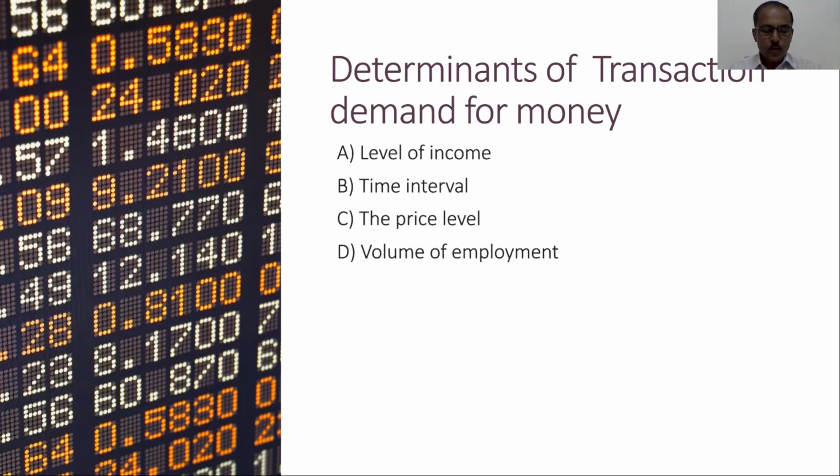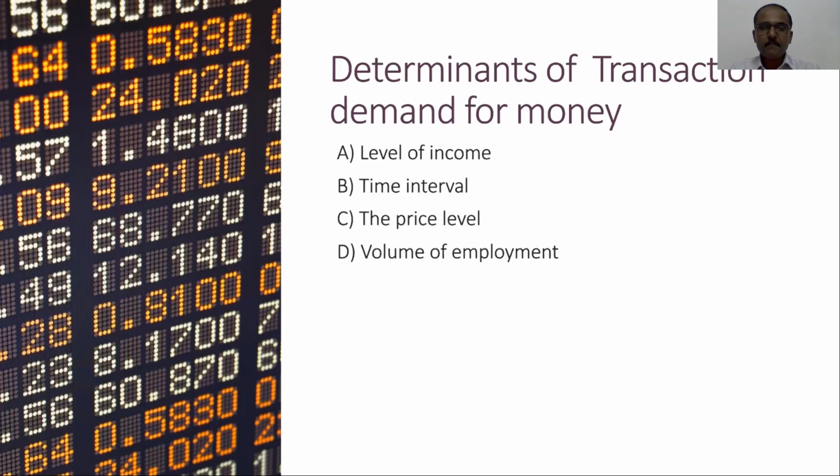Therefore, friends, when the level of employment in the economy is high, more jobs are created, more hands are employed, and therefore more output is created, more production is undertaken, more income will be generated, and there will be more demand for transaction money. So there are four important determinants we have to understand and keep in mind.